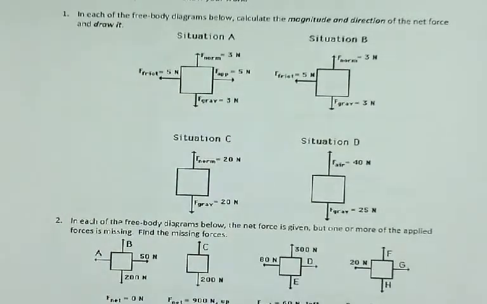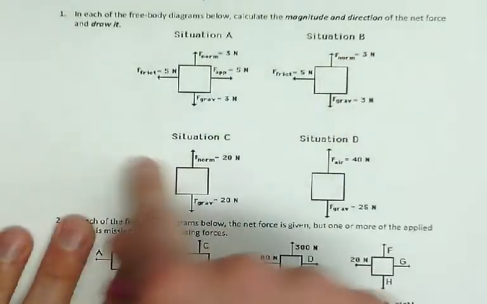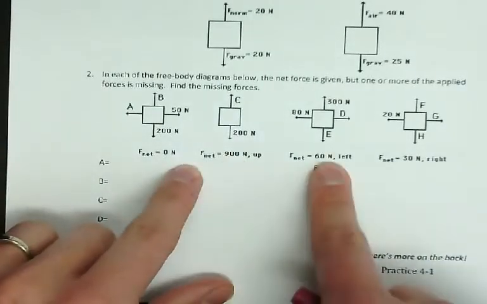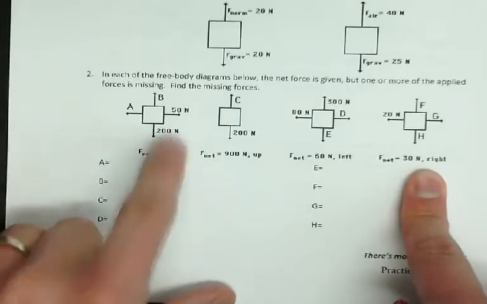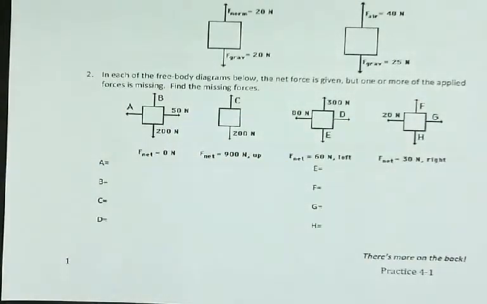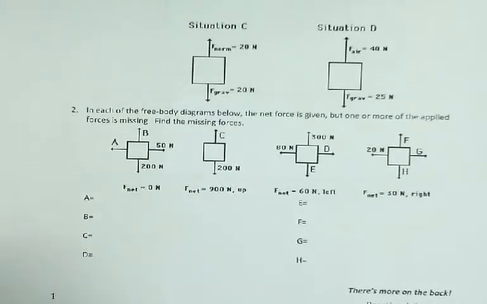We'll do the same thing for all 4 of these first ones. And then on these bottom 4, we're going to have the net force, and we're going to use the net force to figure out what the missing values are. So that's what we'll do next time, in practice 2. We'll also jump back into notes 1 to finish those up, and then we'll go from there.